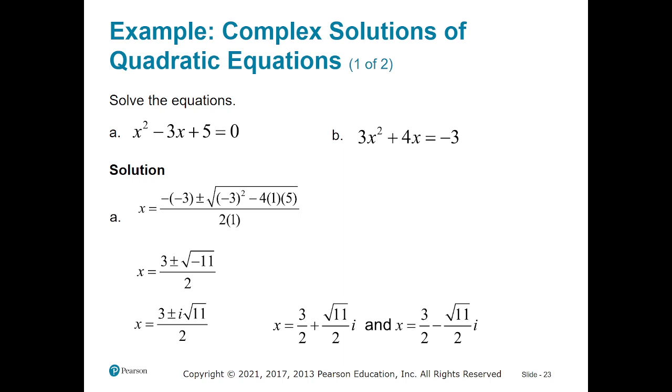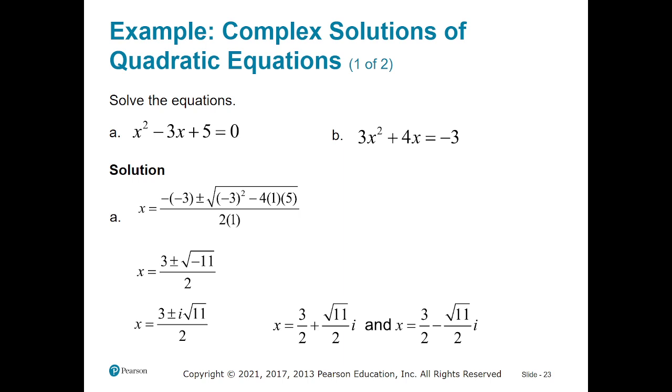Alright, and I need to take this square root of negative 11, pardon me, and I need to simplify it, right, using i. And so if I do that, then I'll have x is equal to 3 plus or minus i times the square root of 11, all divided by 2.